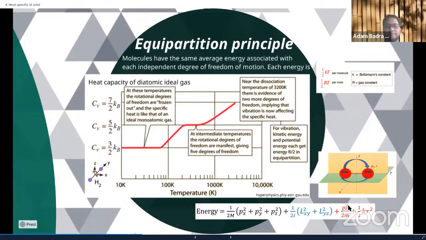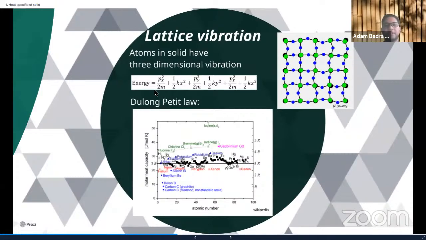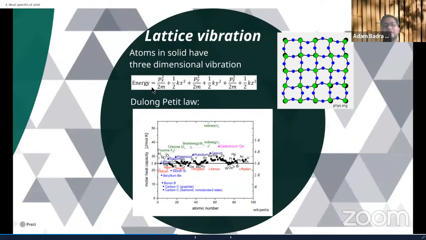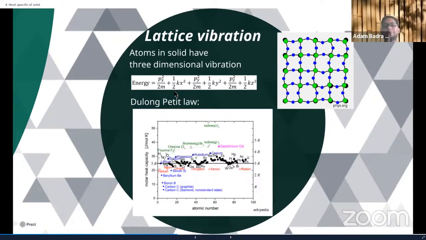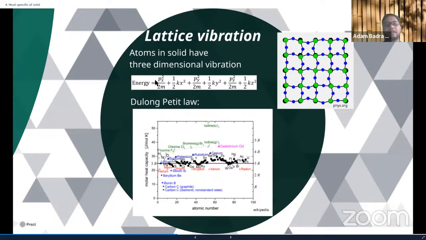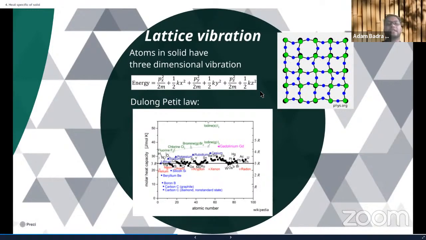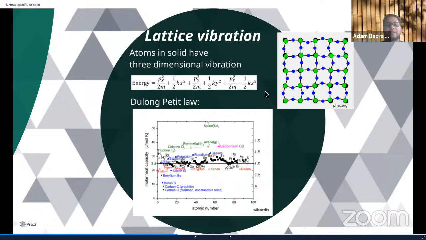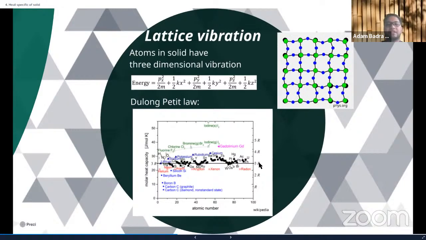You only have vibration, and vibration contributes kT. In a gas you only have one direction, but in the lattice you have three kinds of vibration: in the x direction, y direction, and z direction. Each has half kT, for each of the kinetic and potential terms, so there are six times half kT. That means 3kT, and 3kT means the Cv becomes 3k, or 3R.